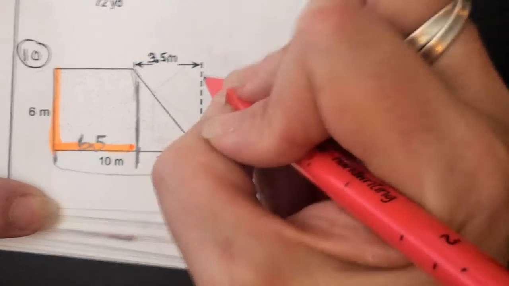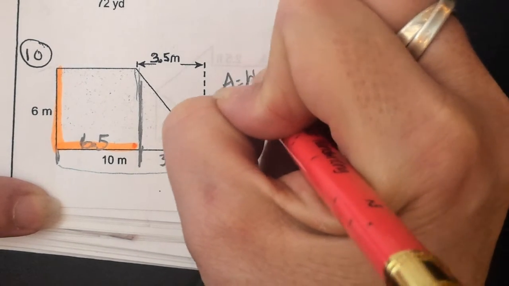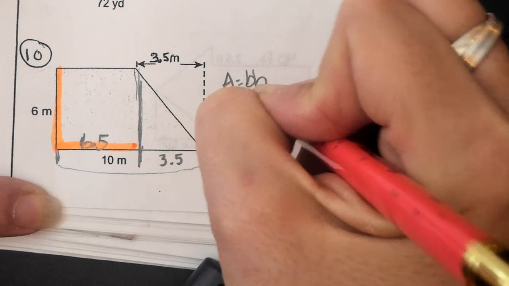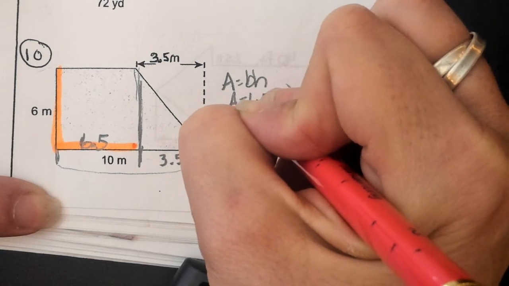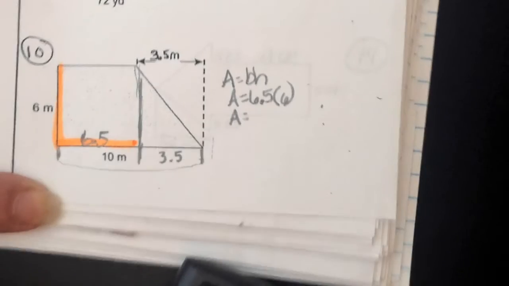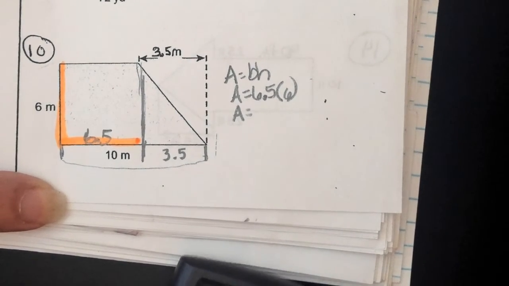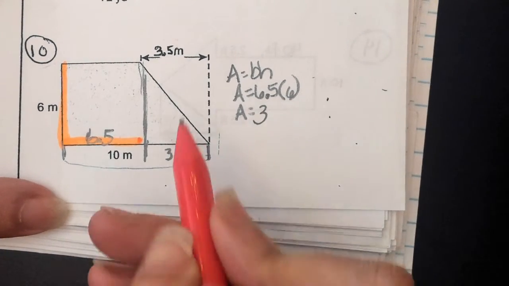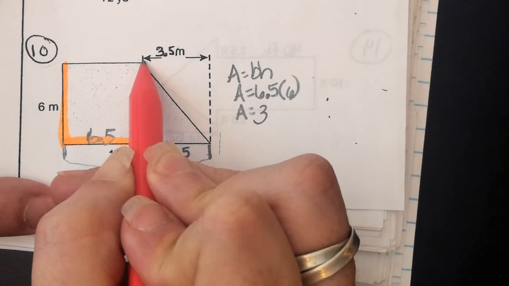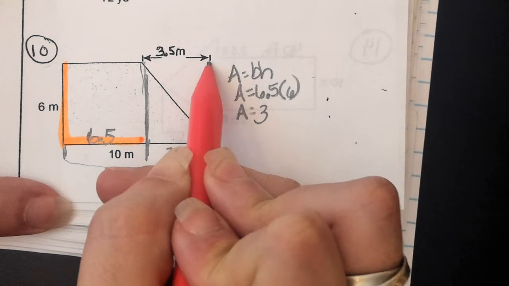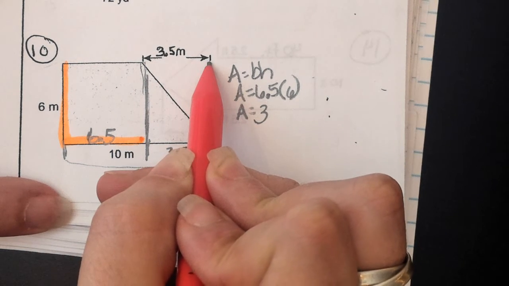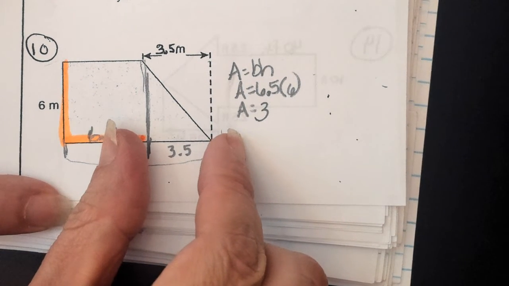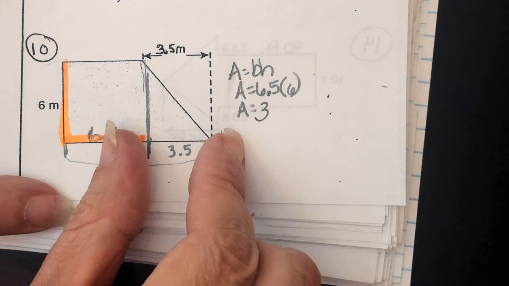Okay, so I'm starting out with just the square, or whatever it is, rectangle. Make sure you put that point there. 6.5 times 6. Because if this is 3.5 from here to here, do you see that part? If I bring that line straight down, then just that part of it is 3.5.